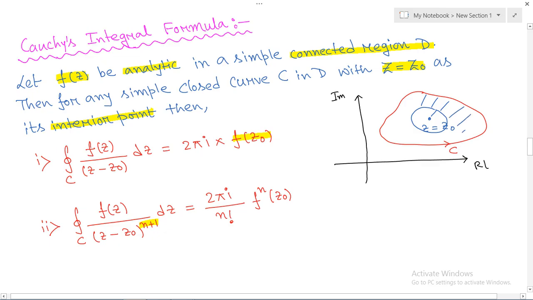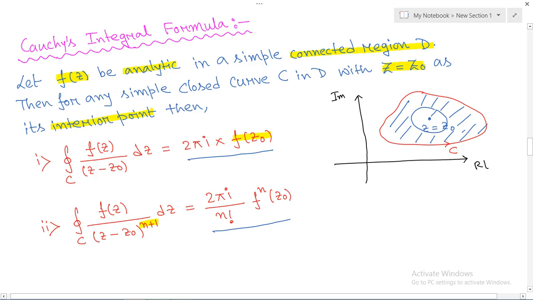The proof I am not doing here. If you want, I can do it later. So now using this concept, the value of this integration is going to be 2 pi i into the functional value at z0, and if we have the nth order derivative, then the result is 2 pi i by n factorial times f to the power n at z0.